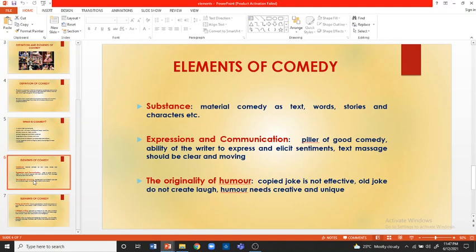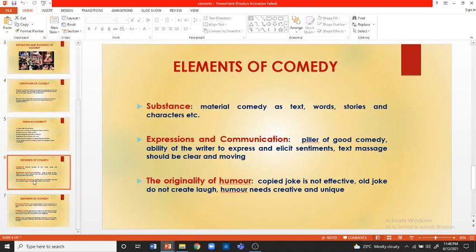Next one is expressions and communications. Expressions and communication is a pertinent pillar of good comedy. Pertinent means here samarpak.